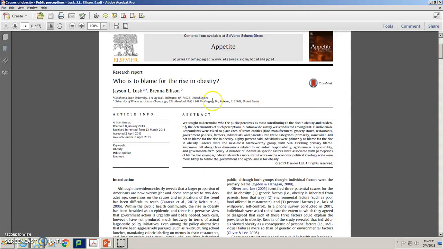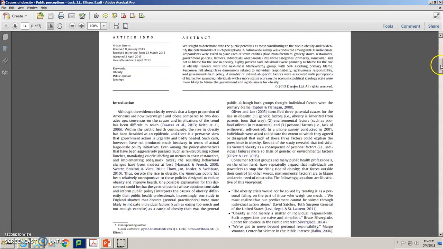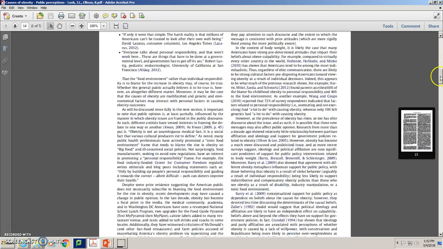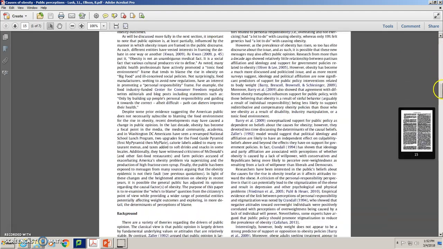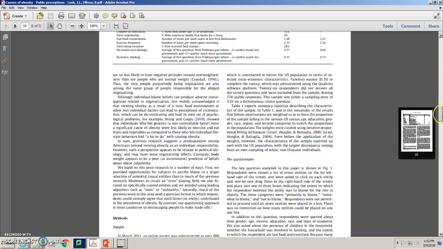So this structure, aims, method, and results, shows the structure of the journal article as a whole. First, there is an introduction and background.